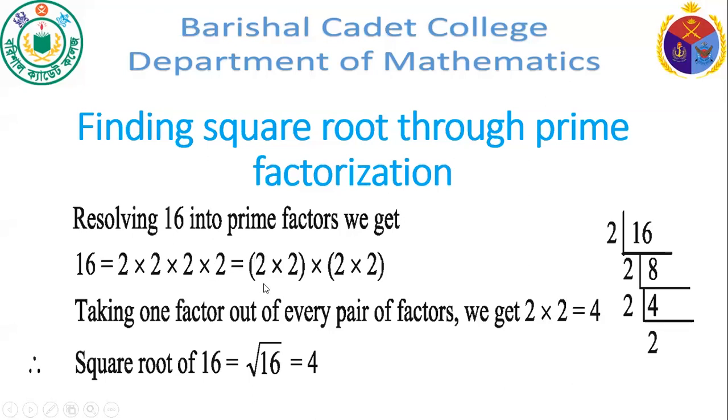Secondly, we make pairs: 2 into 2 is one pair, and 2 into 2 is another pair. Taking one factor out of every pair of factors, from the first pair we take 2, and from the second pair we also take 2, and then multiplying these we get 4. So the square root of 16 equals 4.